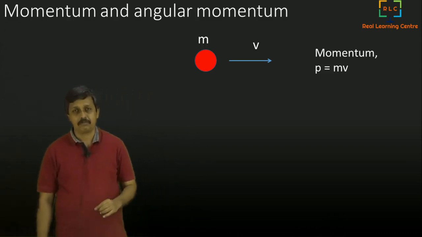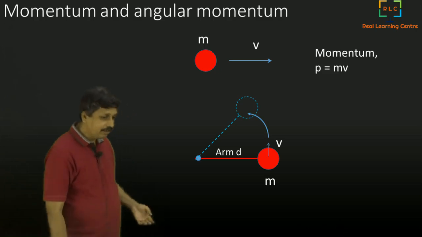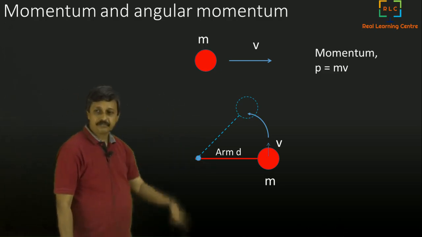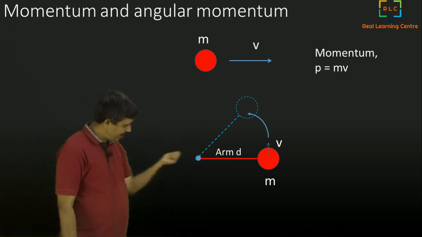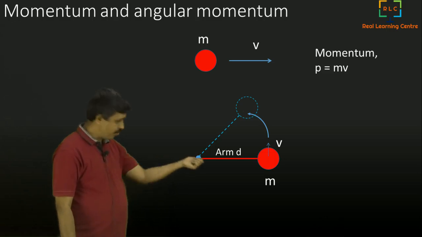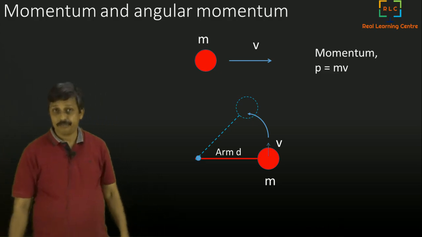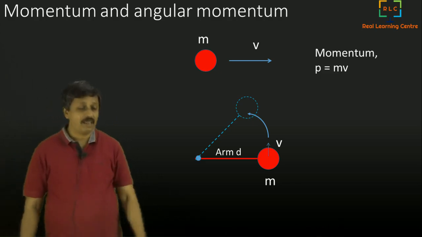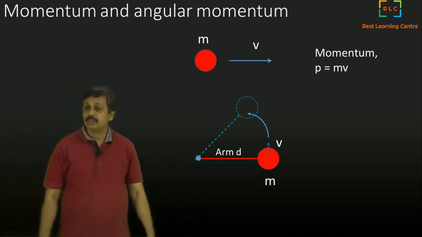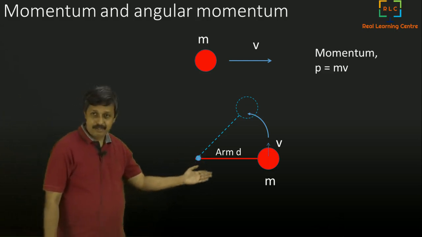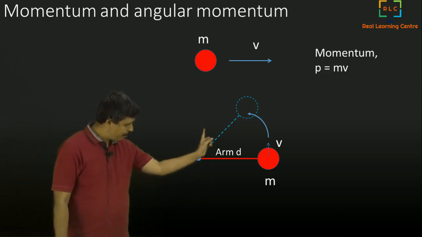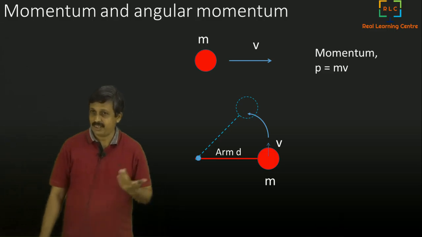Now, if you similarly make something rotate, say I have a ball connected to some point by a rigid rod, and you rotate it with arm length d, let us say the mass is also m and the velocity with which it is moving is v again.